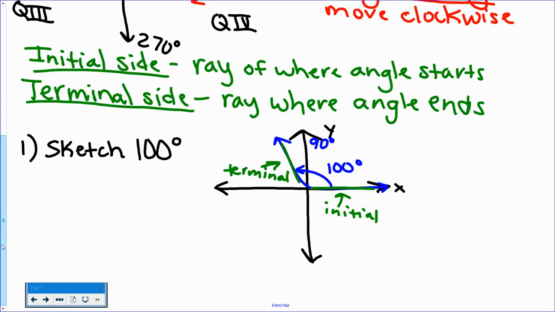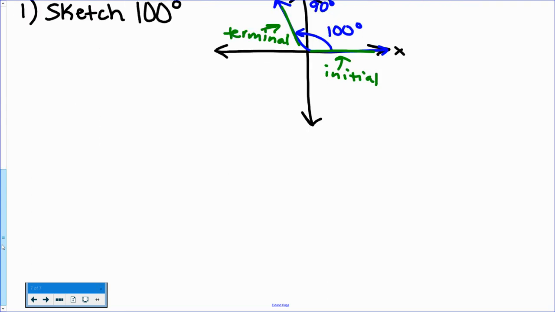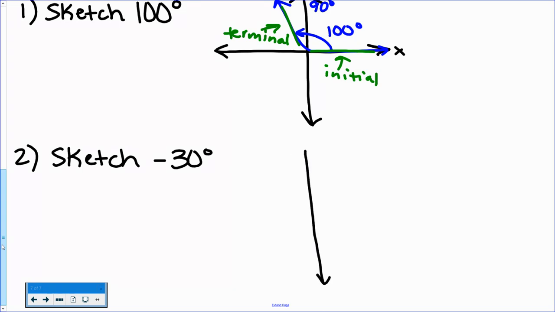Let's look at if I asked you to sketch a negative angle. So sketch negative 30 degrees. So we'll make our little coordinate plane. So our negative angle is going to go clockwise.